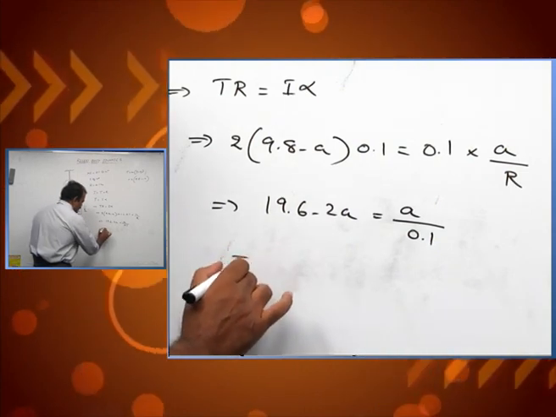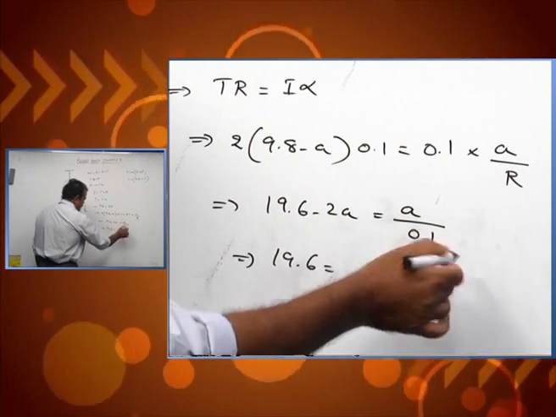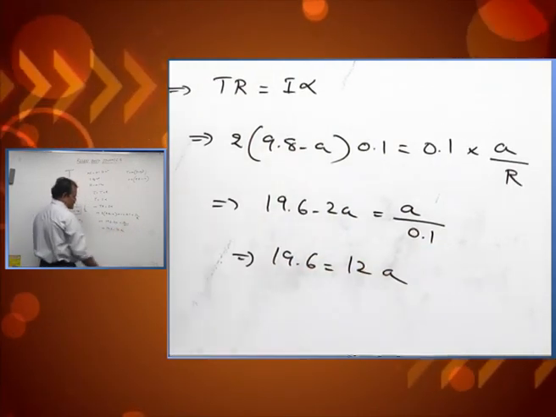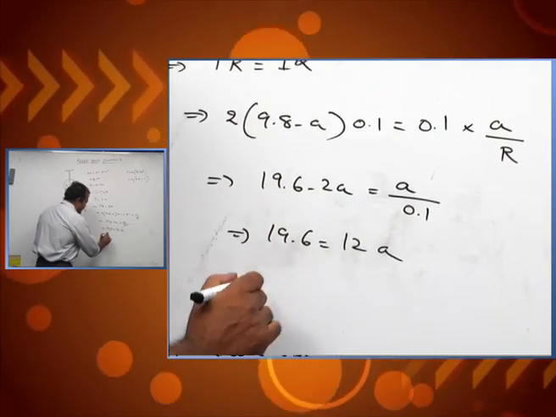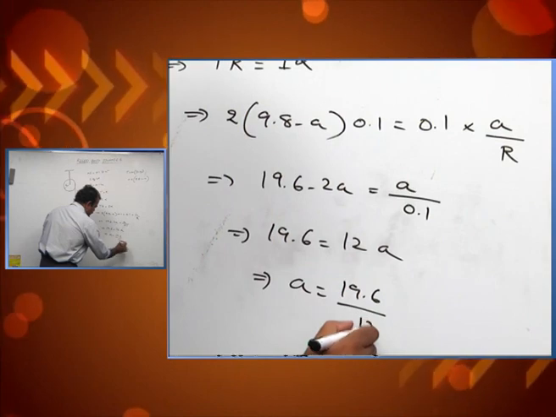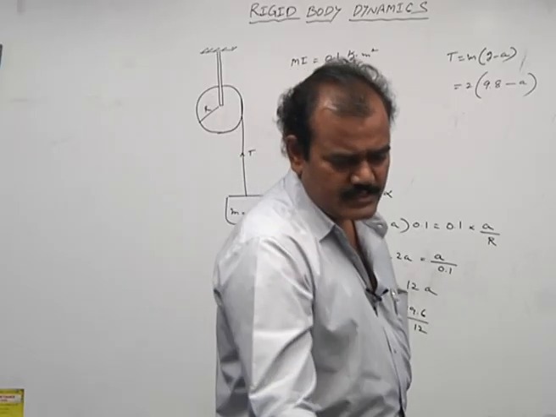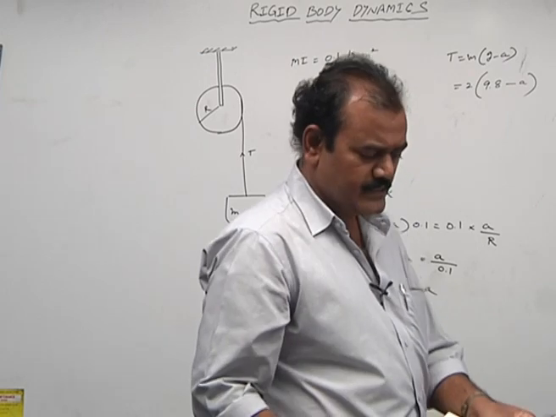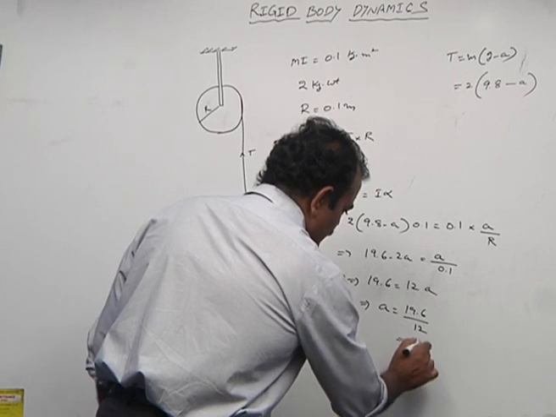So 19.6 is 10A plus 2A, which is 12A, and A is equal to 19.6 by 12. Then you will get the correct answer, around 1.63 meters per second square.